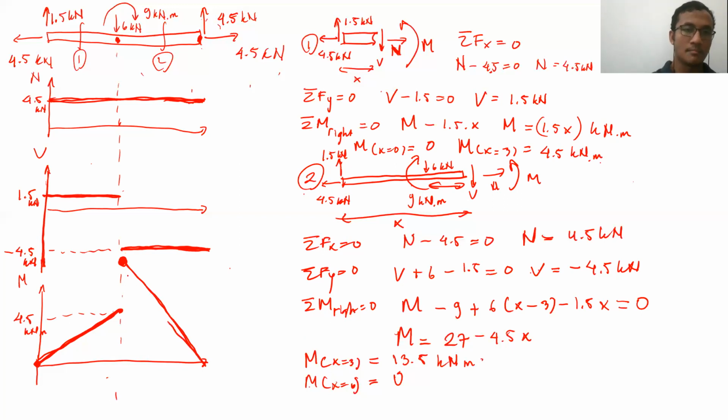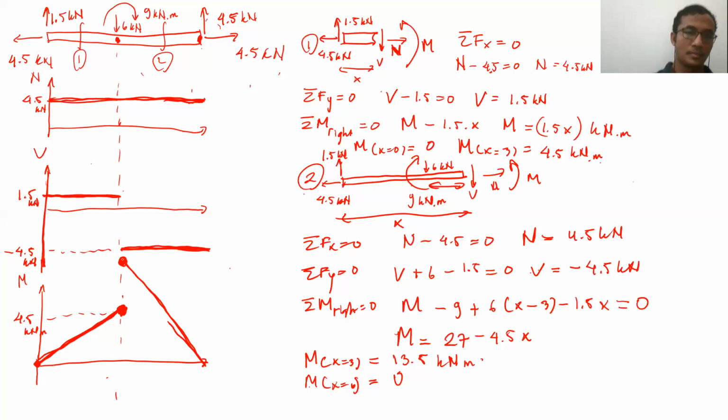Okay, the jump there, the delta between this particular point and this particular point, the delta there is supposed to be equal to 9 kilonewton meter. So the difference between 4.5 and 13.5 is 9 kilonewton meter. So there is a positive jump of 9 kilonewton meter. So it's correct, right?